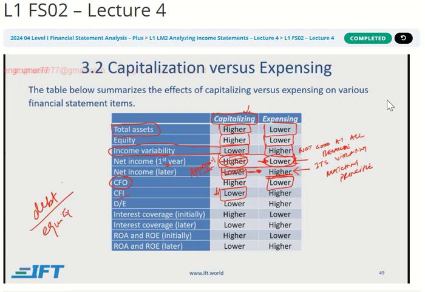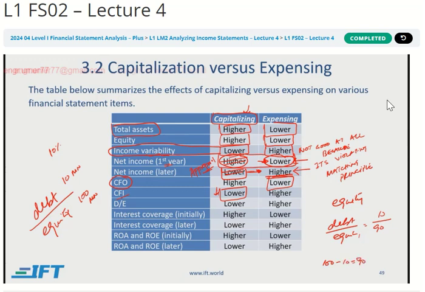So let's say debt is 10 million and equity is 100 million. So this is 10%. Compared to if you take that hit of equity by expensing out the 10 million in the first year, so now debt is still 10 million and equity is going to be 90 because you took that 10 million hit.